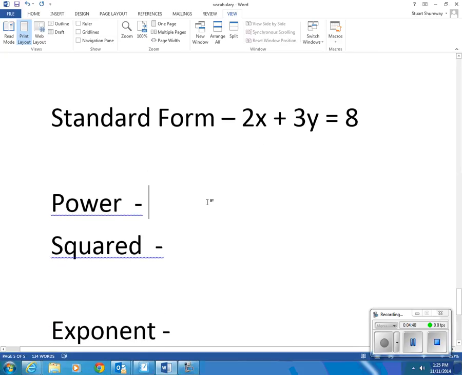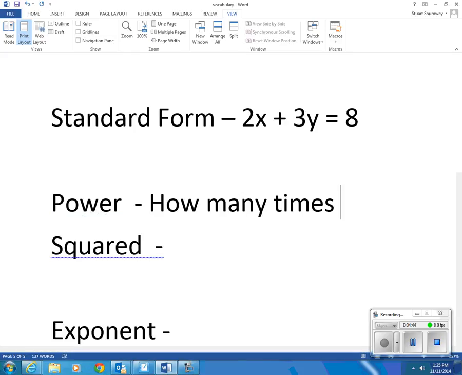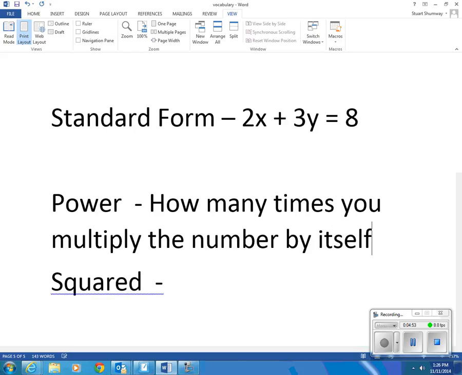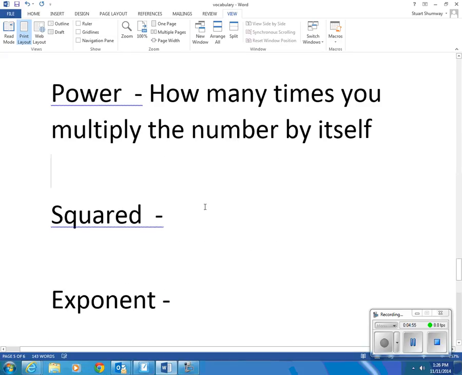Power. How many times you multiply the number by itself. So squared would be multiplied by itself twice.